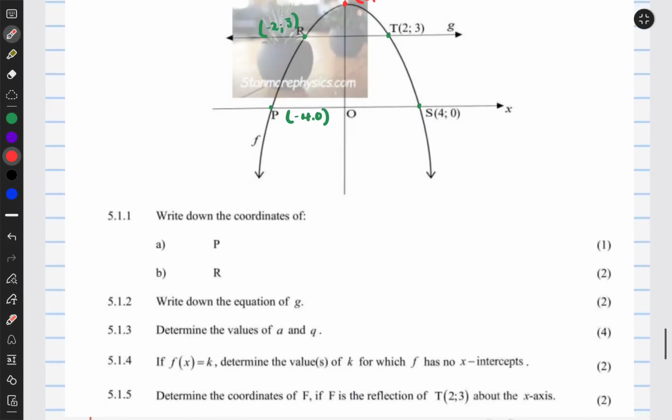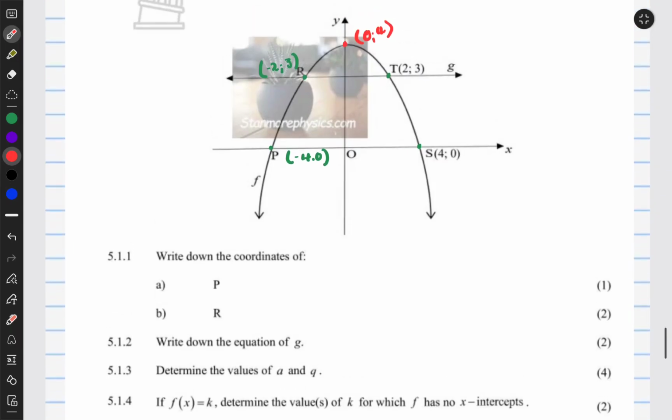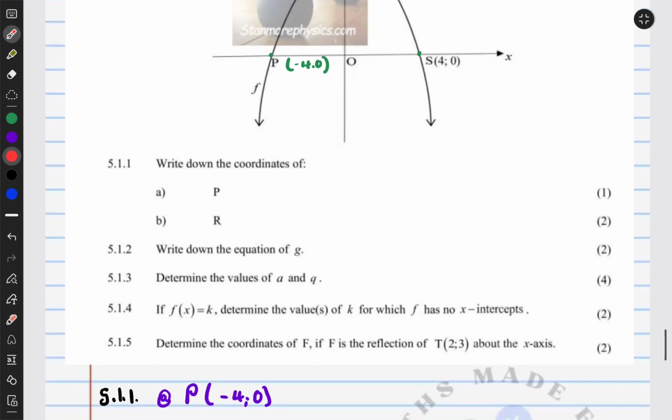So here I think we have two scenarios. Determine the values of k for which f at x has no intercepts.